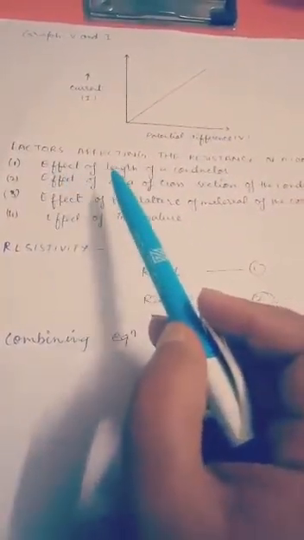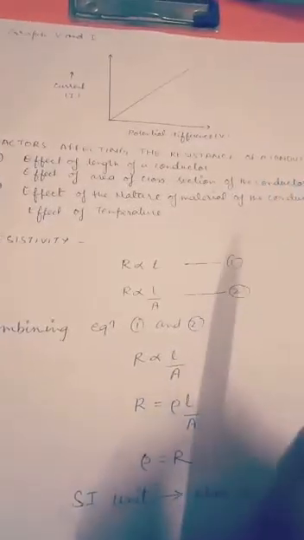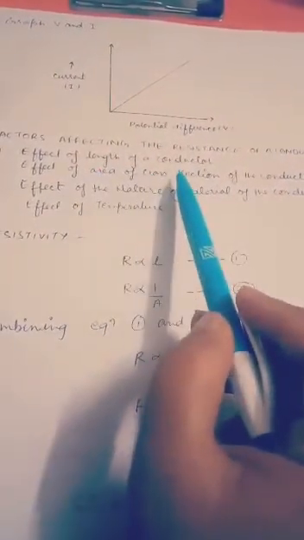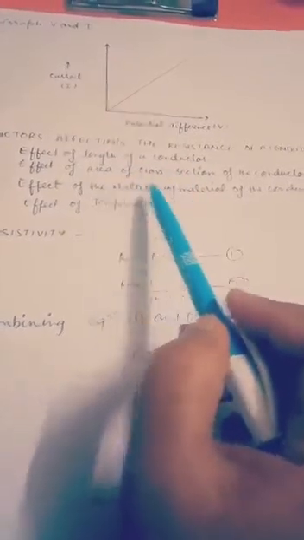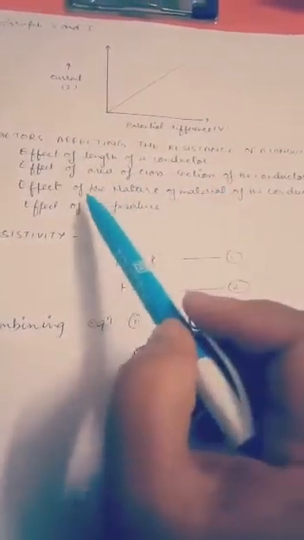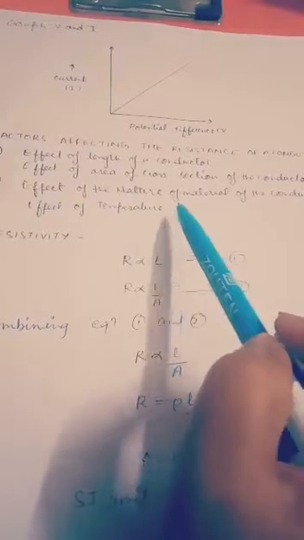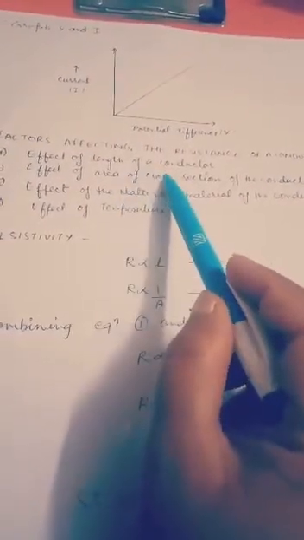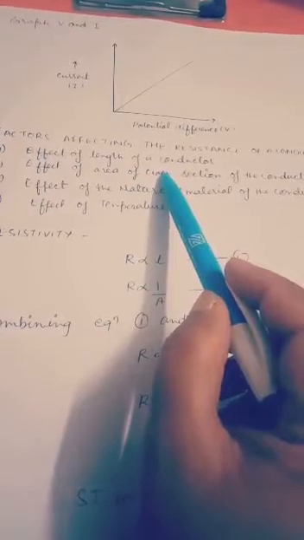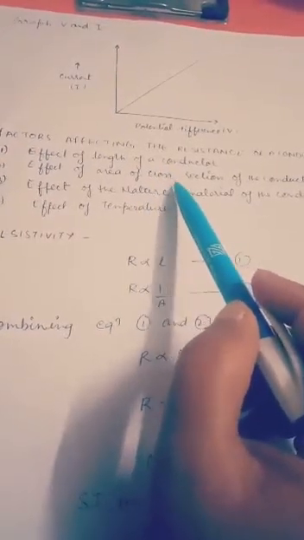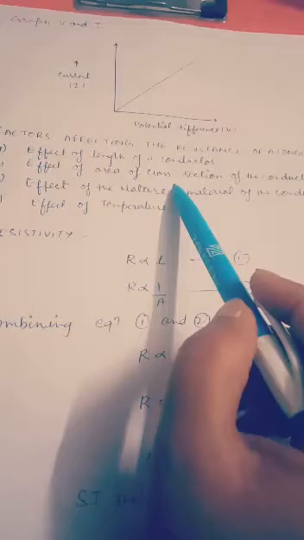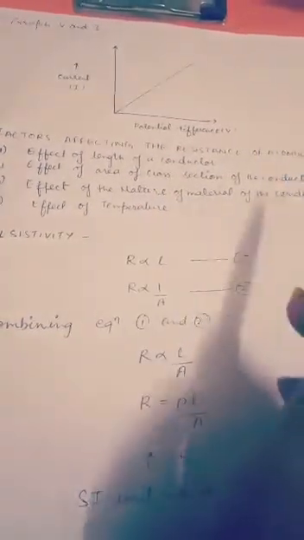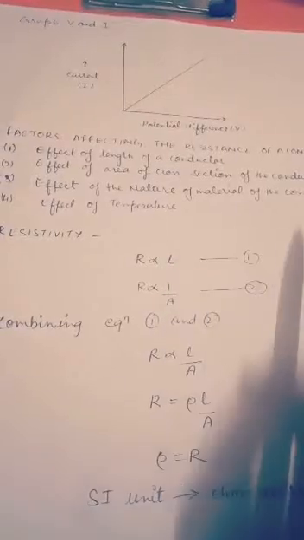Now factors affecting the resistance of a conductor. The length of the conductor, the area of cross section of the conductor, the nature of the material, and the temperature. More the length of the conductor, more will be the resistance. More the area of cross section of the conductor, less will be the resistance, as the electrons are going to pass through that cross-sectional area.